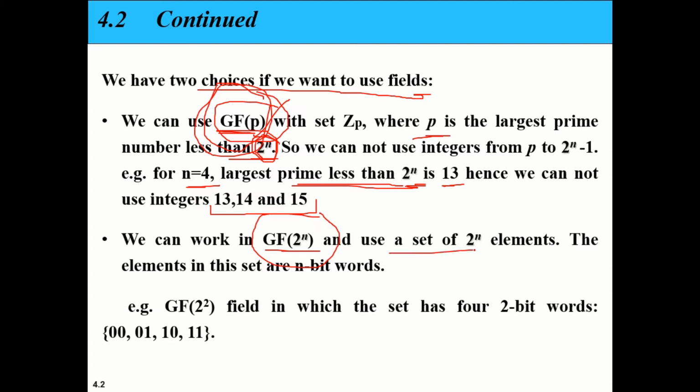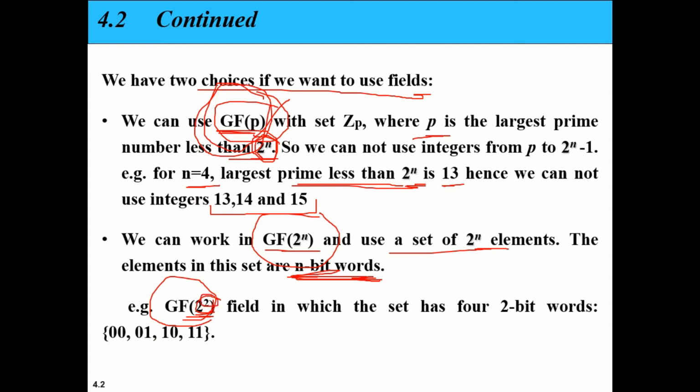So it uses a set of 2^n elements, and the elements in the set are n-bit words. Now again, I'll tell you how we create these words. See, this is an example of creating n-bit words. Say I have the Galois field GF(2^2). 2^2 means it will have 4 elements, and these elements are n-bit words. n here is 2.